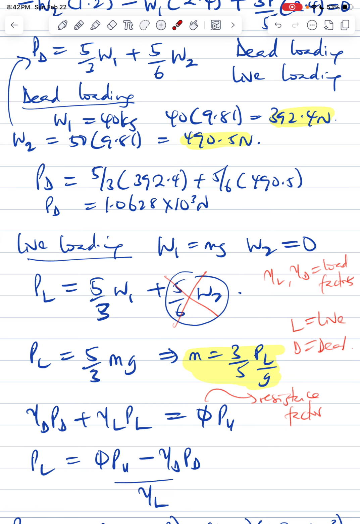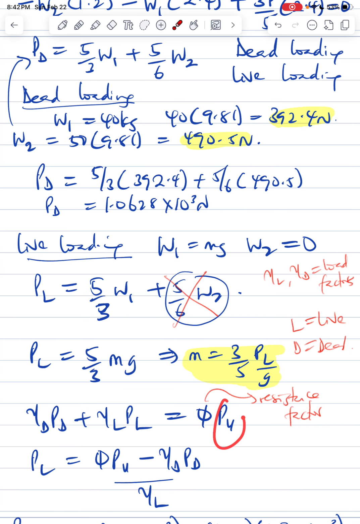Now, when you want to use this method, the load at which the structure ceases to be useful, which is the ultimate load, PU, typically you can determine it through this expression. So this is the proposed design criteria, basically. It's like finding the contribution of the dead load and the live load to the total load.